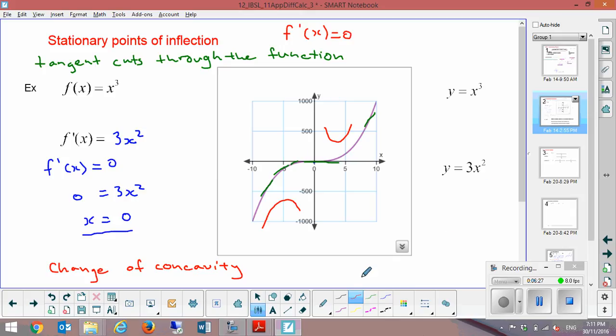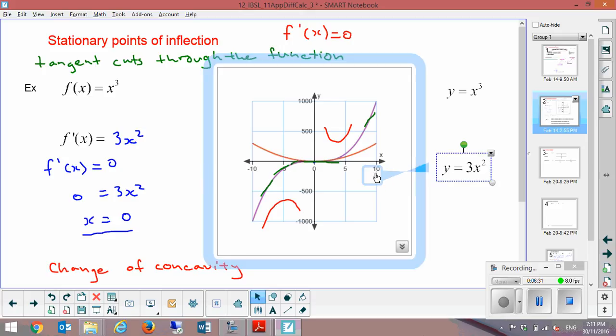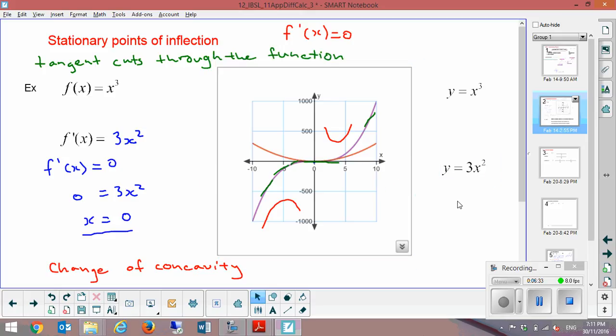So if now I graph this, I wonder if it's going to go on nicely for me because I've got pen all over there. All right, so it has worked out well. This function is our first derivative, so that's the red one, and this blue one here is the original function. The red function shows us that it's got a positive gradient because it's above the x-axis.